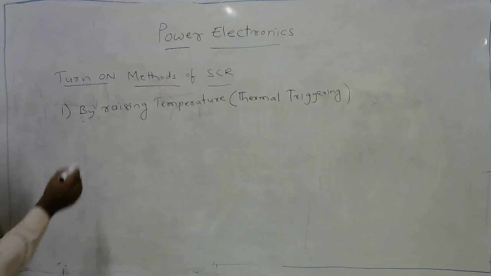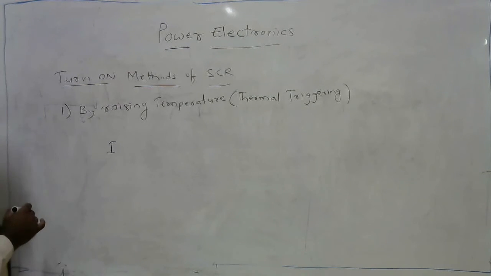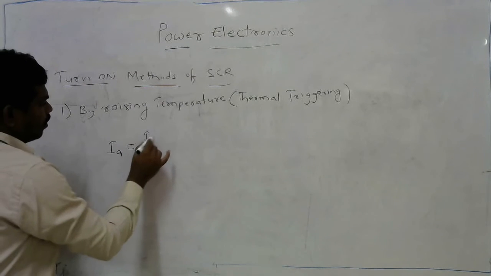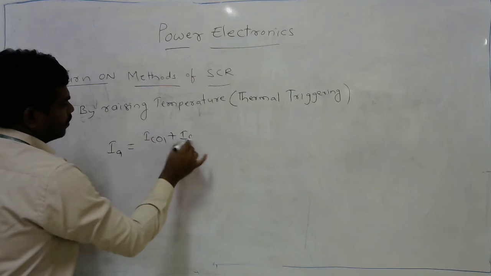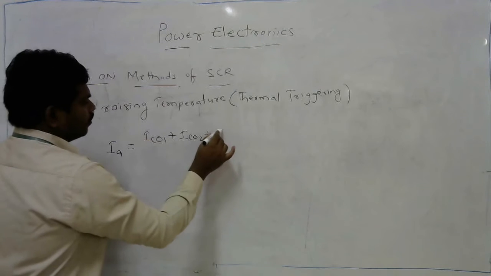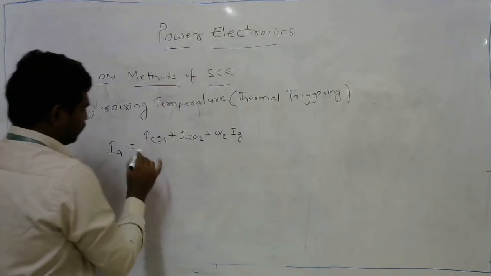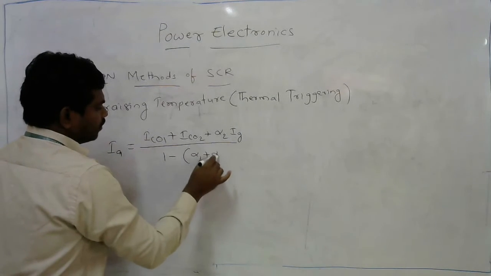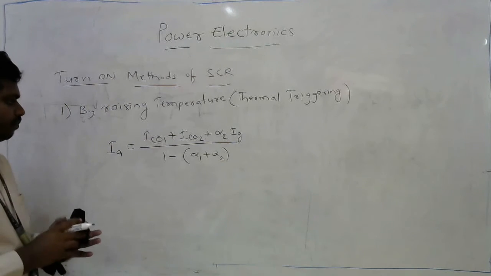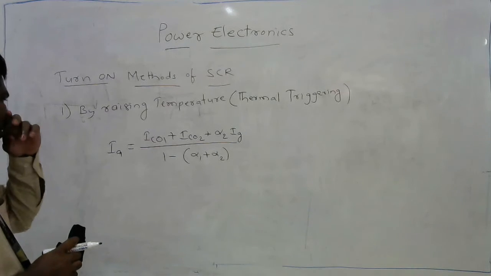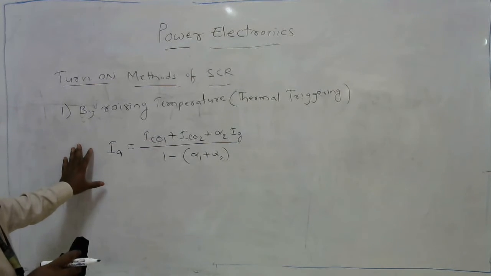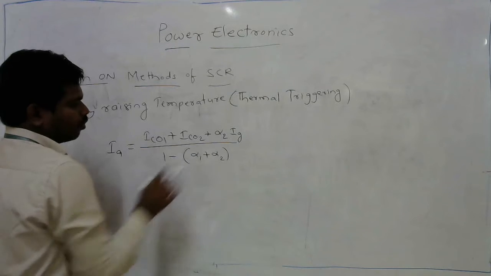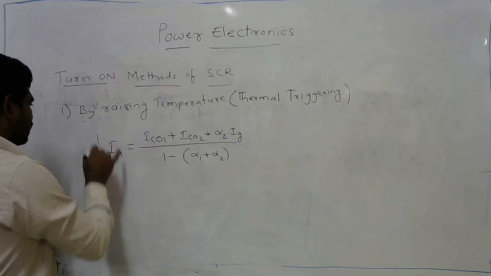We got an expression for anode current in terms of transistor parameters, that is IA equals (ICO1 + ICO2 + alpha 2 Ig) upon 1 minus (alpha 1 plus alpha 2). Look at this: when we get the value of alpha 1 plus alpha 2 to 1, the current value is going to increase.